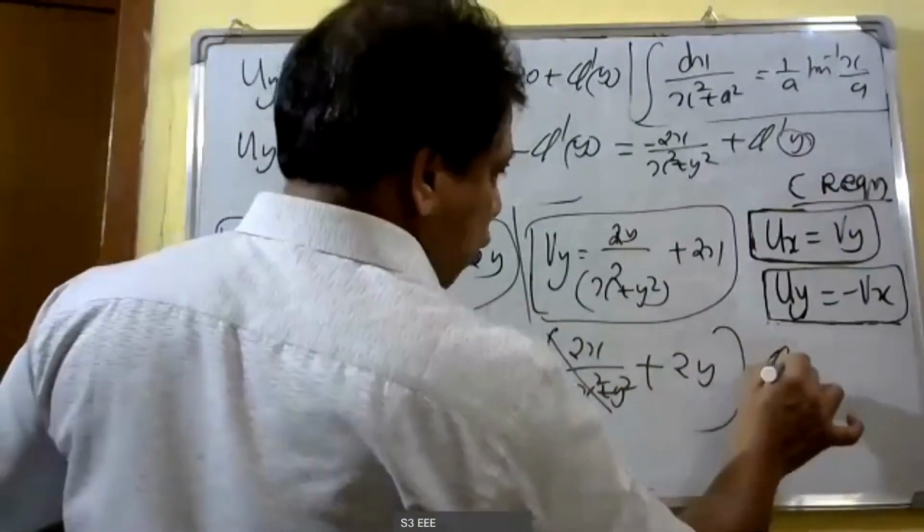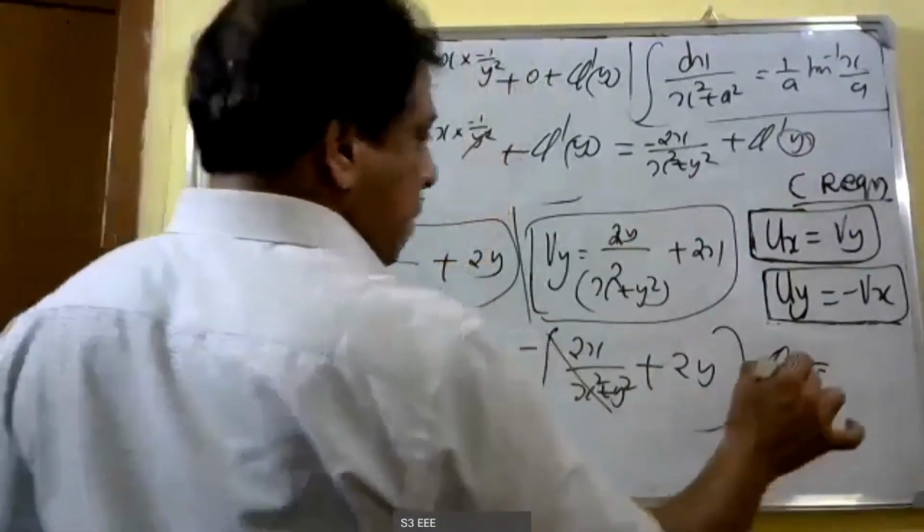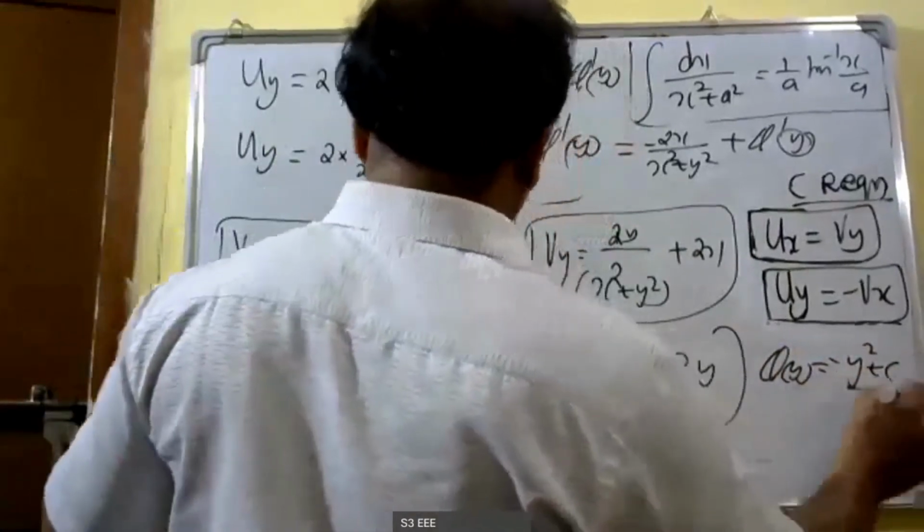Therefore, the value of φ(y) is −y² + c.